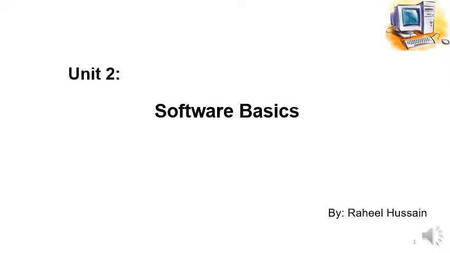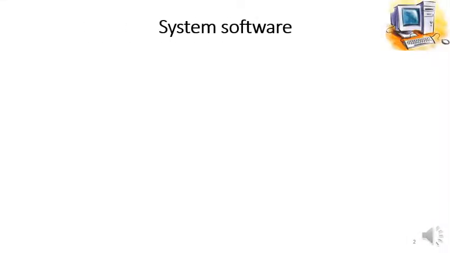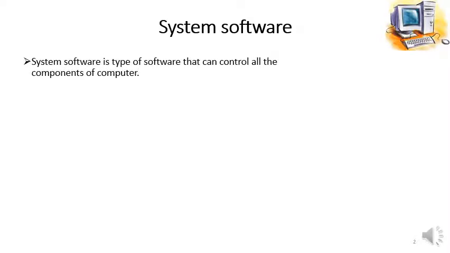Students, we are in unit 2, that is software basics. In the last lesson we were discussing system software and we defined system software as software which controls the computer's hardware.